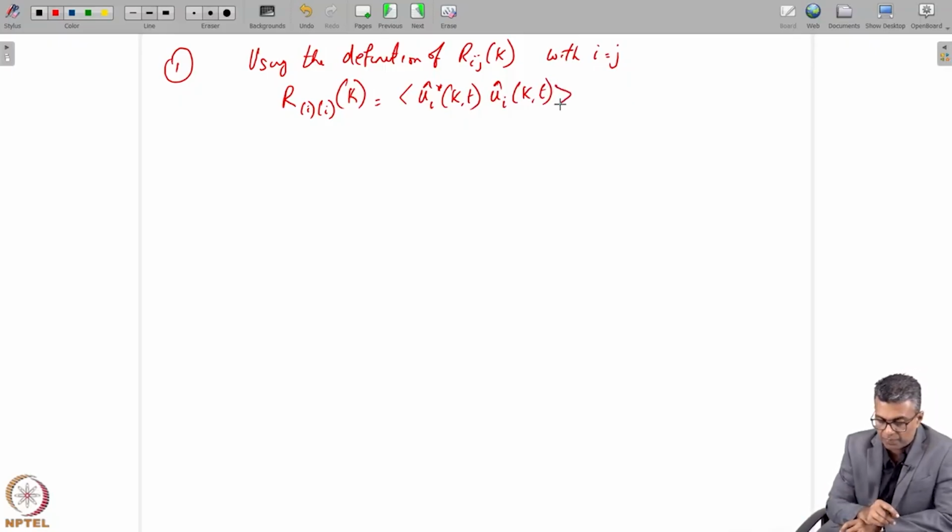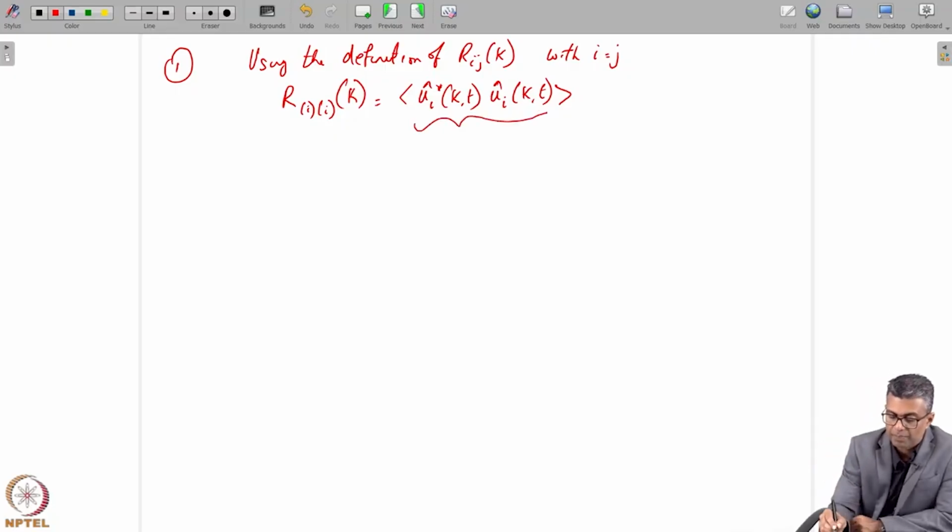Think about this. This is ui star as in conjugate times itself. So a complex variable times its conjugate is going to give you its magnitude, which is going to be greater than or equal to 0.